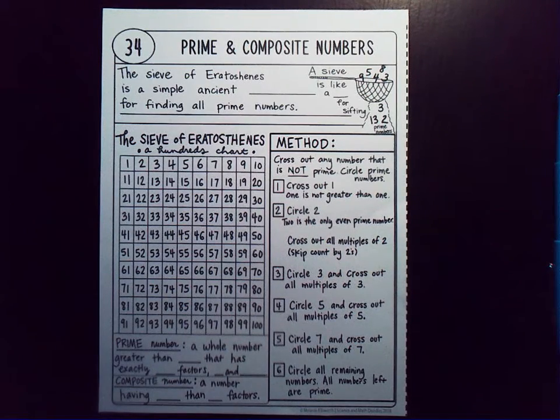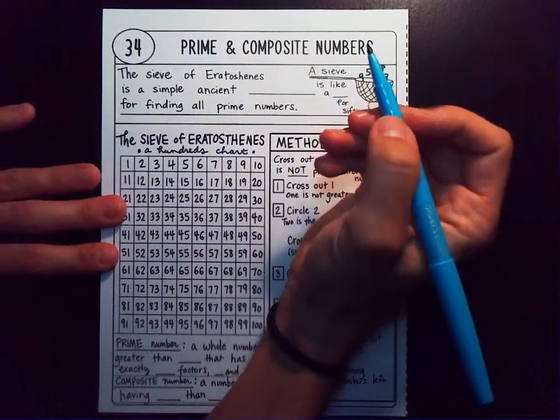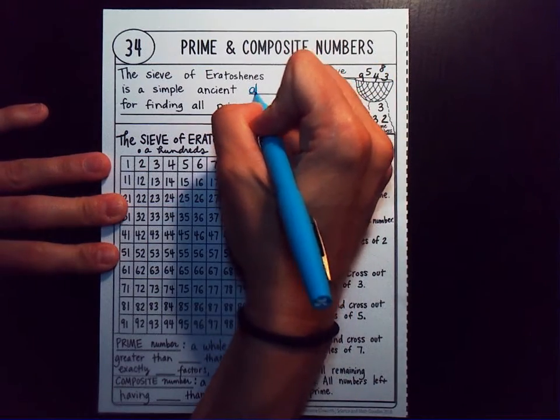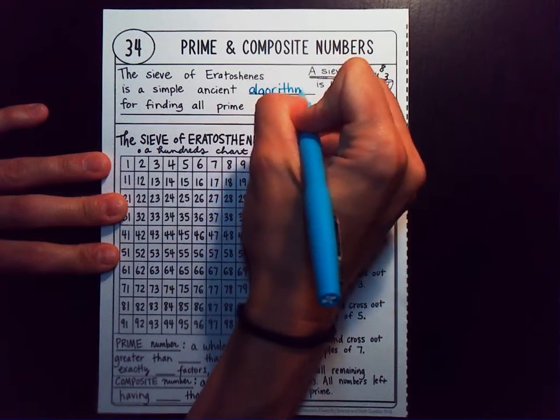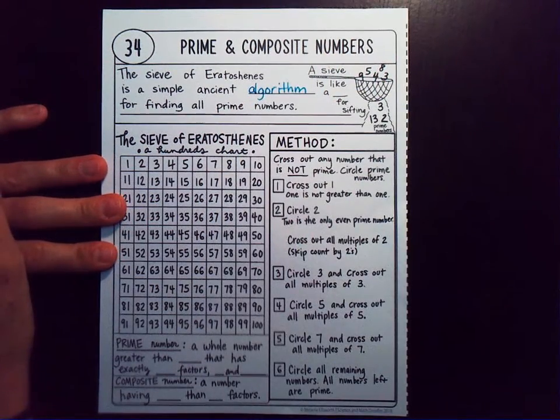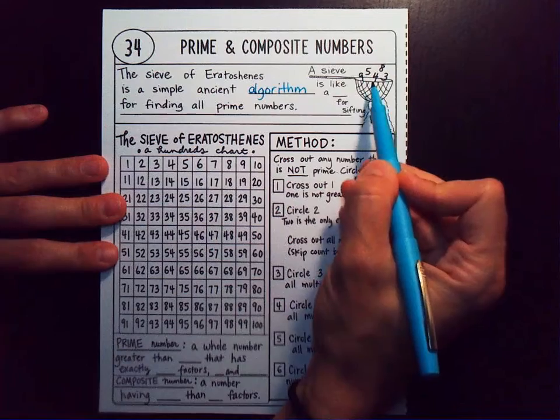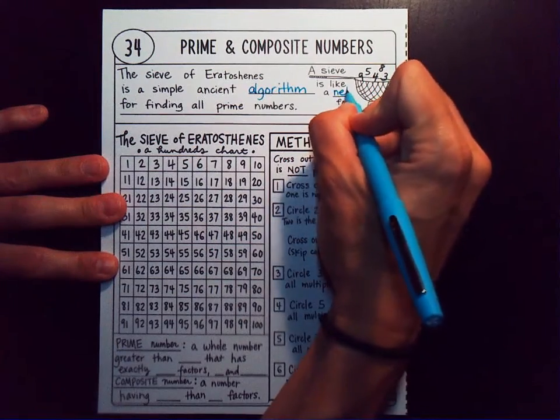He used an ancient algorithm, which is nothing more than a step-by-step way to solve math or any other problems. We call it a sieve because it's like a net for sifting out numbers.